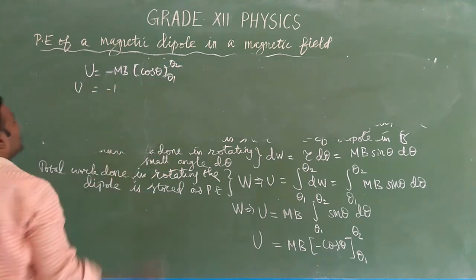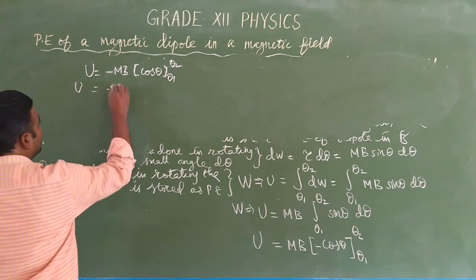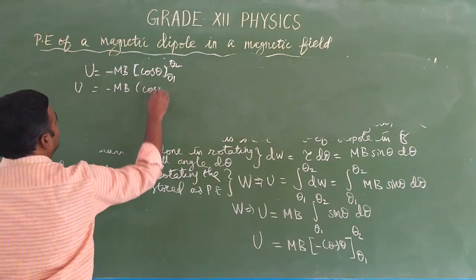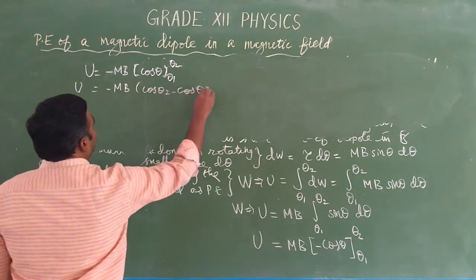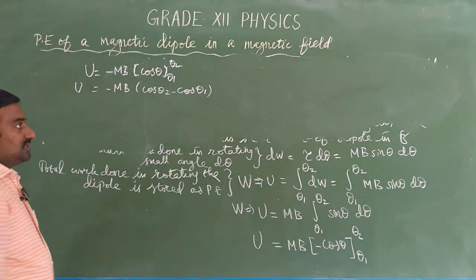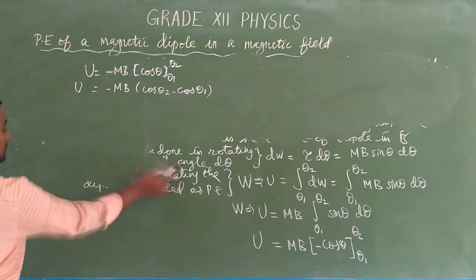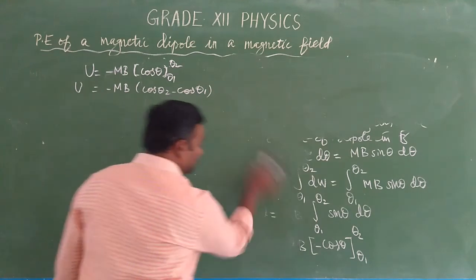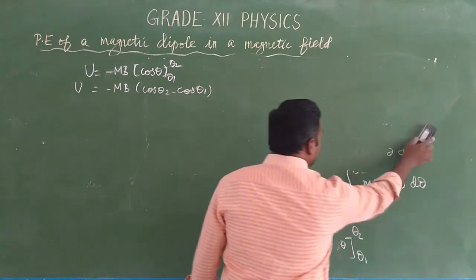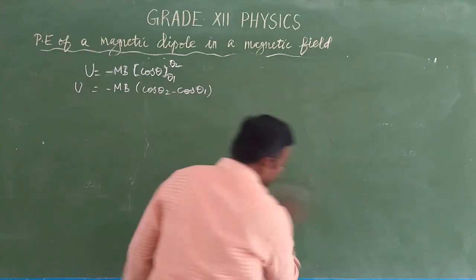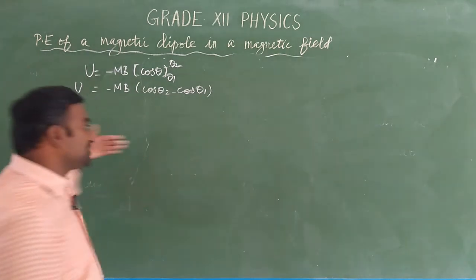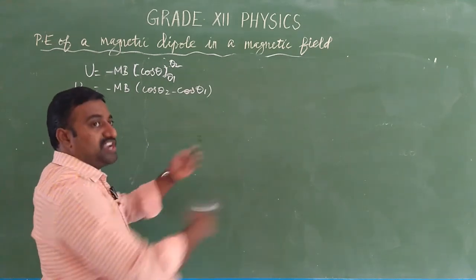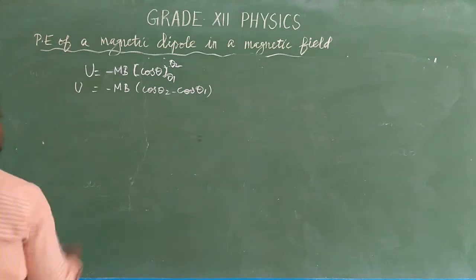Therefore, the total work done stored as potential energy is minus MB into cos theta 2 minus cos theta 1. We are going to consider the case where theta 1 is 90 degrees. Initially the dipole is placed perpendicular, that is 90 degrees, and later, while rotating due to the torque, it makes some angle theta with the magnetic field.